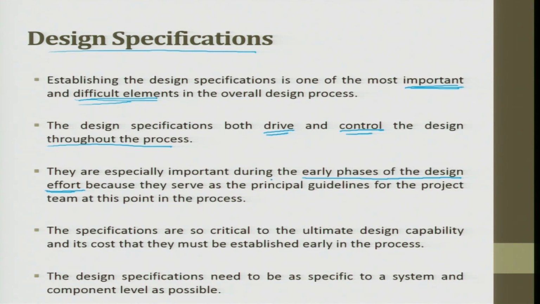They serve as a principal guideline for the project team at this point in the process. The specifications are so critical to the ultimate design capability and its cost that they must be established early in the process. The design specifications need to be specific at the system and component level as well.